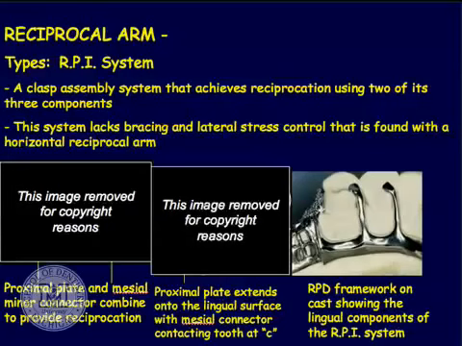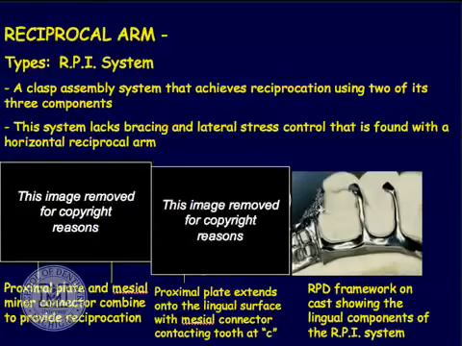So in this situation, if the labial clasp would try to push this tooth straight lingually, it couldn't come straight to the lingual. As it starts to come straight lingually, it bangs into this corner, and microscopically the tooth would try to rotate or roll around the distal of that. But as long as the distal proximal plate is in contact with the tooth, it can't roll distally. So these two working together essentially trap the tooth.